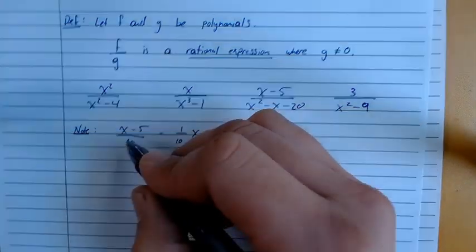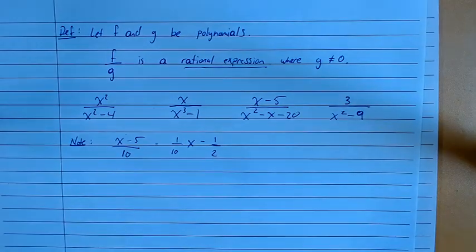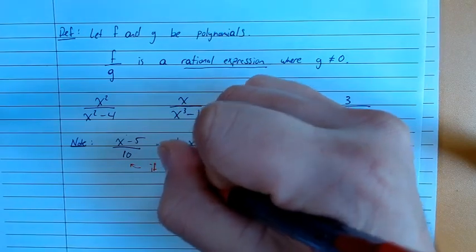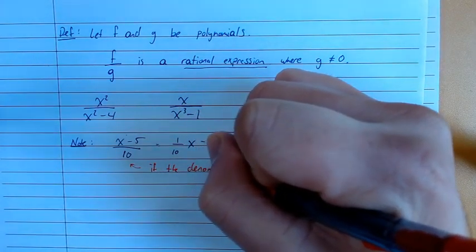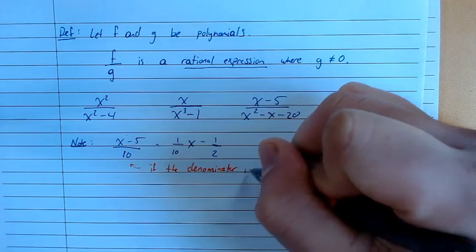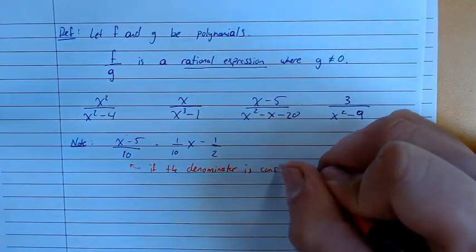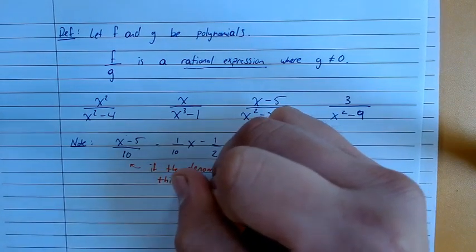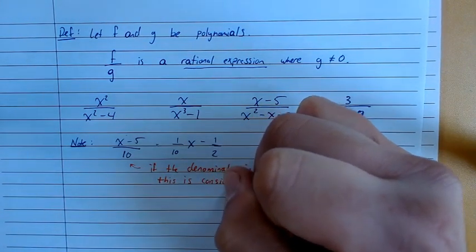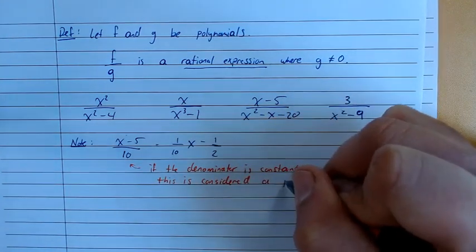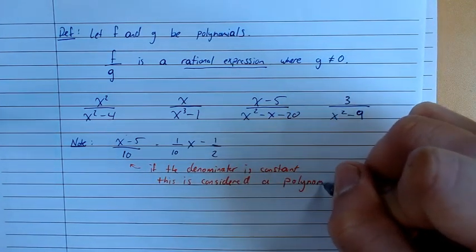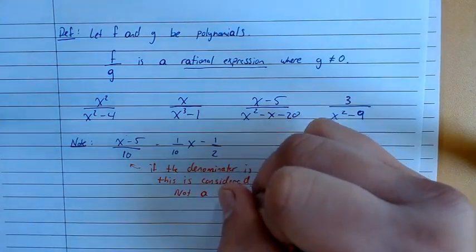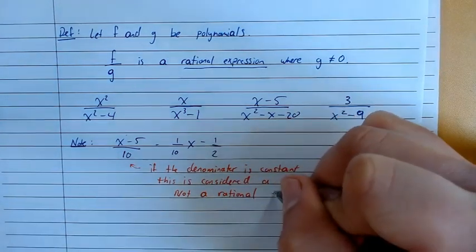So here, where your denominator is just a constant without any variables, this is considered a polynomial, not a rational expression.